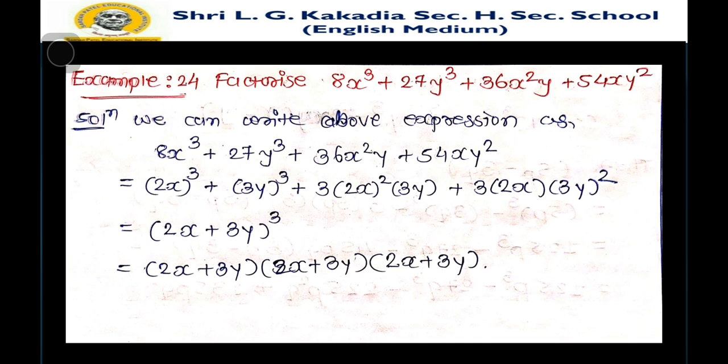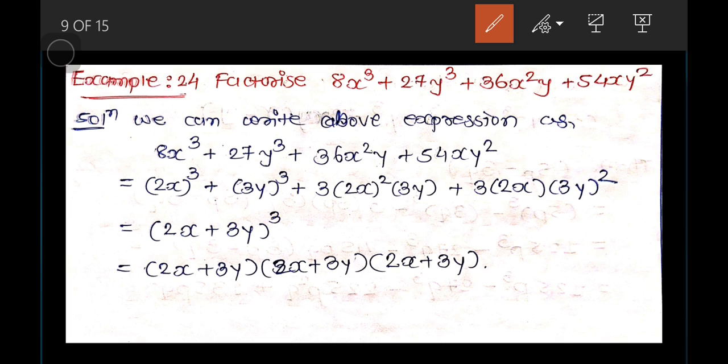Now about example number 24. Here is given example number 24: factorize 8x cube plus 27y cube plus 36x square y plus 54xy square. Here you can see that this form is similar to identity number 6, that is x plus y all cube is equal to x cube plus y cube plus 3x square y plus 3xy square.